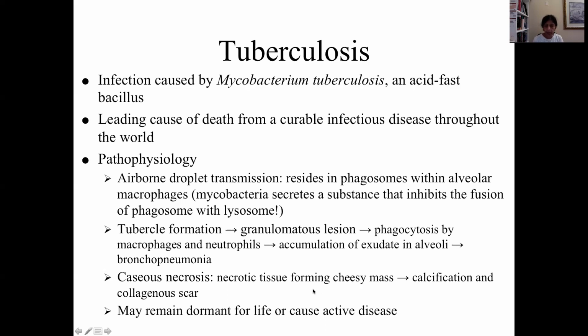Now, accumulation of exudate in alveoli. There could be a couple of different types of exudates. We have talked about this in the previous videos. Exudate here would be a mixture of white blood cells, neutrophils, and monocytes mainly, macrophages. Then the bacterial debris and inflammation and fluid due to inflammation.